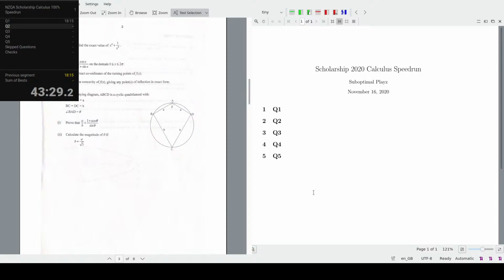The RHS is equal to 1 plus cos theta on sine theta, which is in turn equal to, because you just use the double angle formula for cos, right?